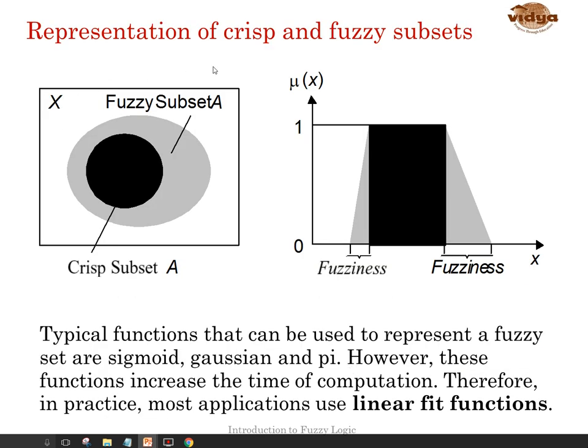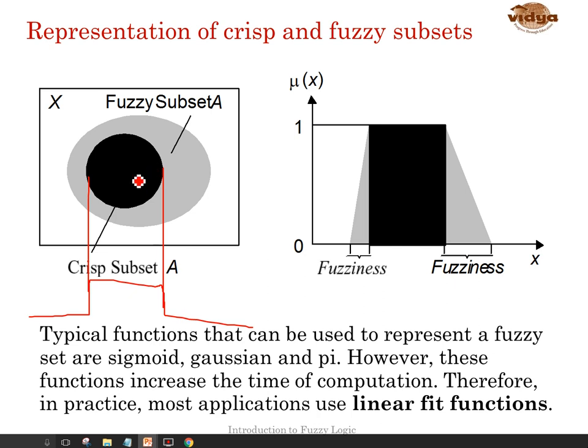Now, representation of a crisp and a fuzzy subset. If you try to see over here also, you will find that X is being represented as the universe of discourse. This is one element under the fuzzy set X, such that if we draw a straight line like this, we will get one crisp set value like this.